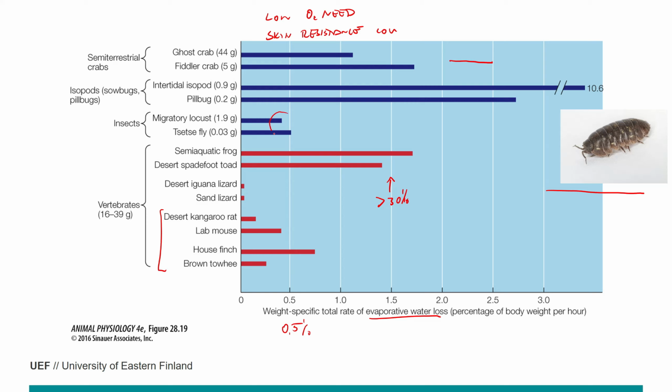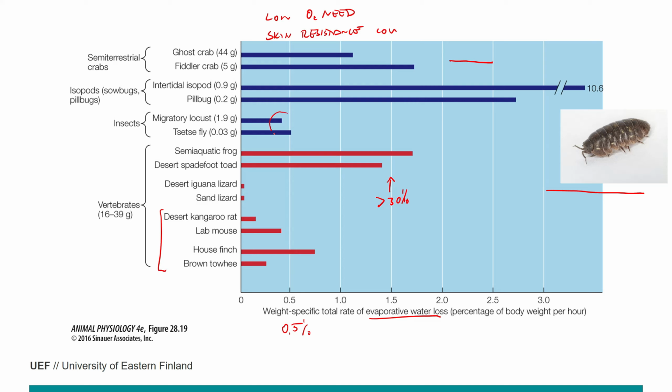And so they are losing maybe 0.5%, but in the other end, we have these isopods like the pillbug over here, that might be losing several percent of the body weight.